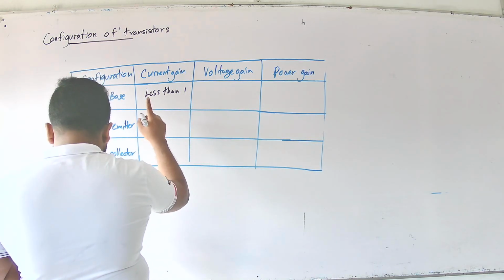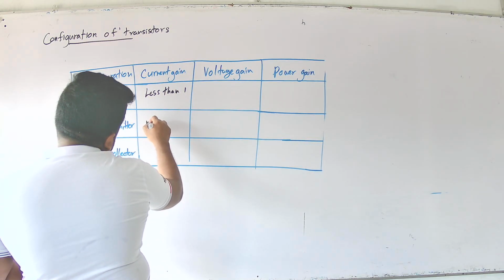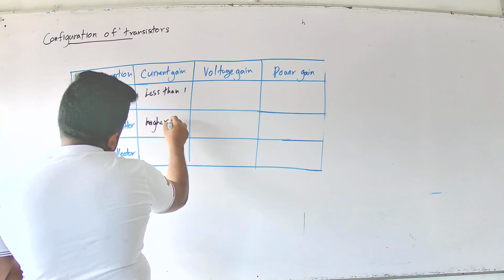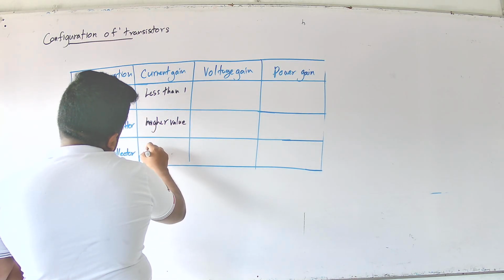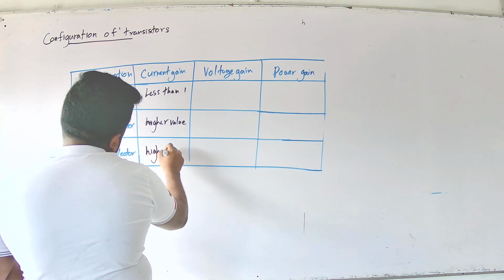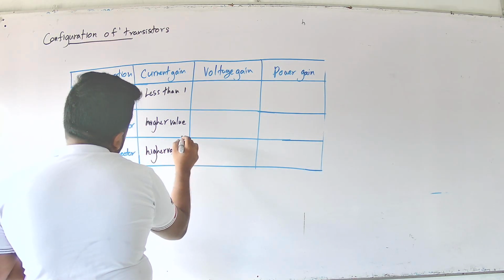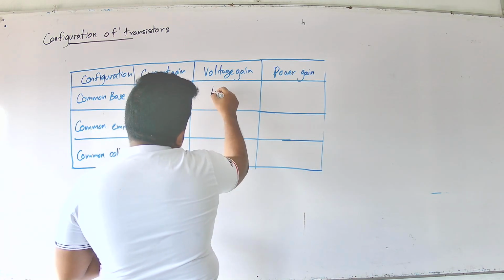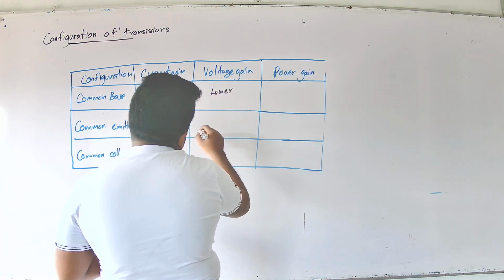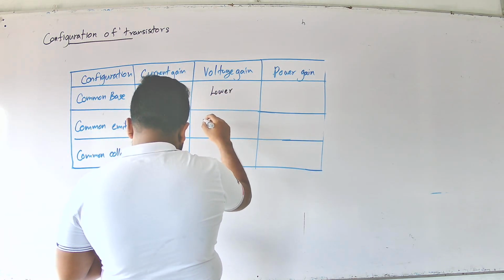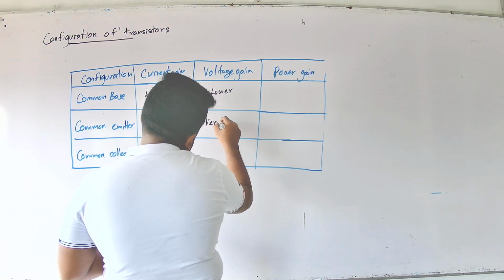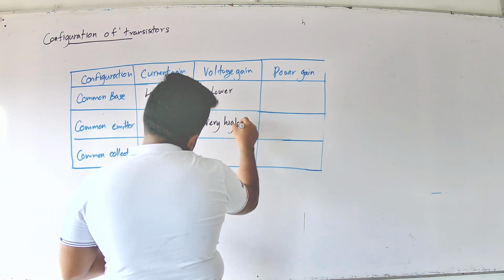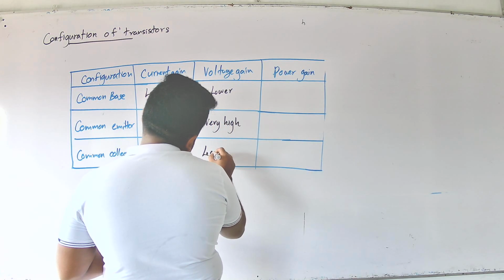This is 99 වගේ, higher. Voltage gain එකේදී lower, this is very high. Less than 1.